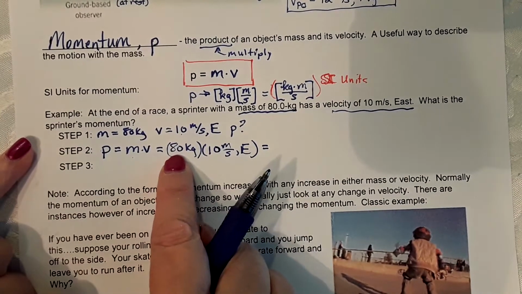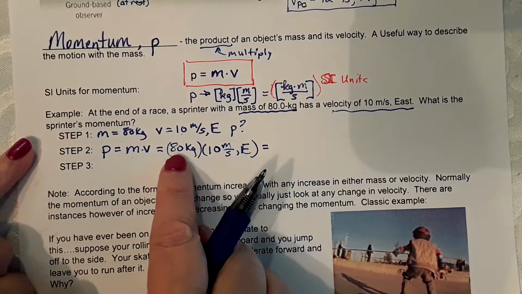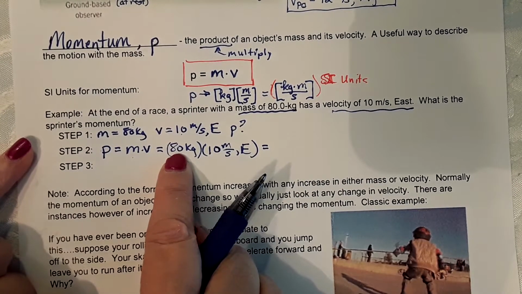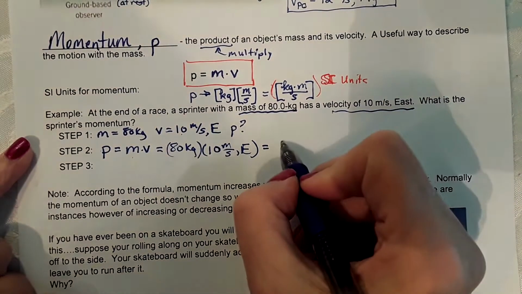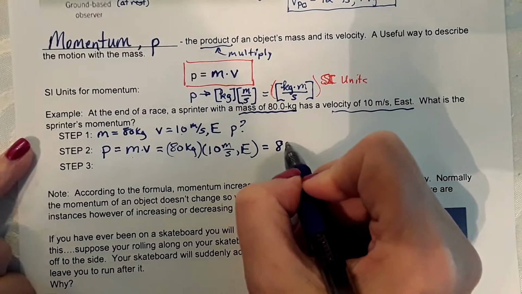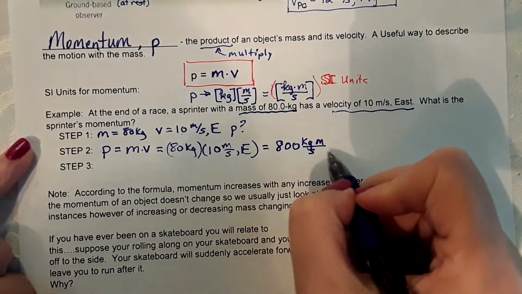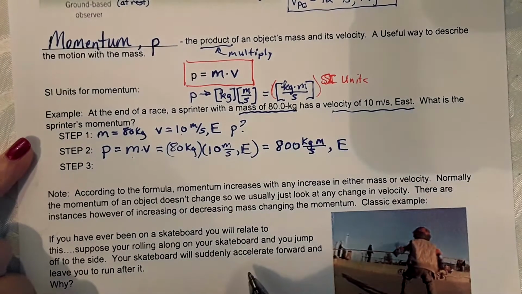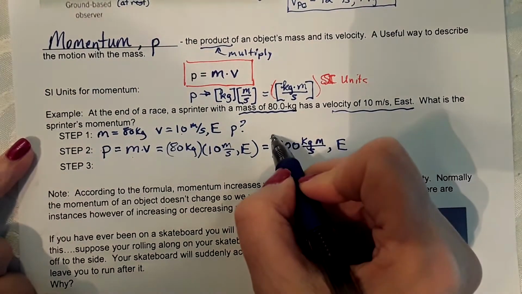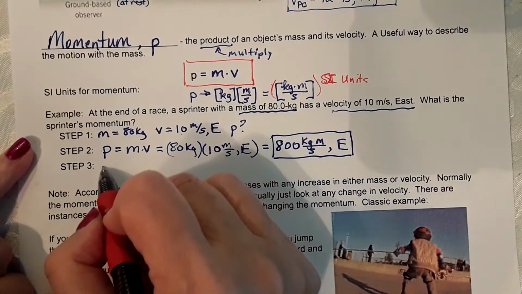So 8 times 1, and remember, anytime you multiply by 10, you're just going to make this bigger by 1 decimal place. So 80 becomes 800 if you move the decimal once. So we get 800 kilogram meter per second, and the direction is east because momentum is a vector like velocity. That was step 3 right there.